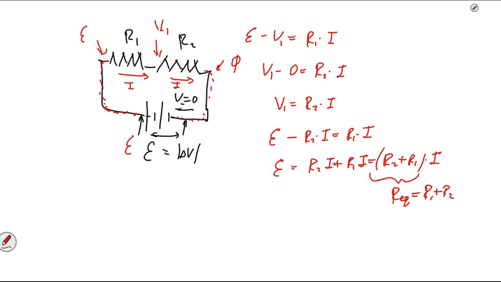What about the voltages? Well, of course, the voltage delta V1 is just potential drop, potential difference. That's it, wherever it is. And of course equals this product, Ohm's law. Same here, delta V2. Well, this is what delta V2 is equal to.